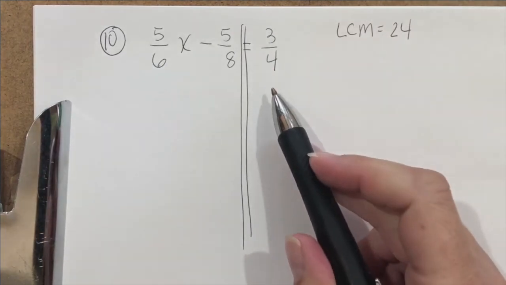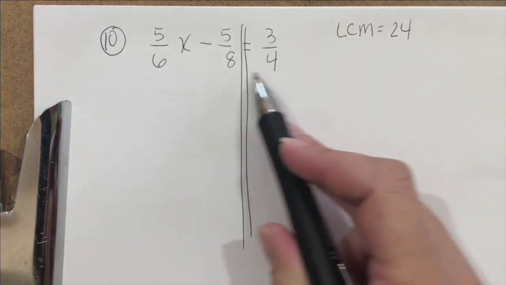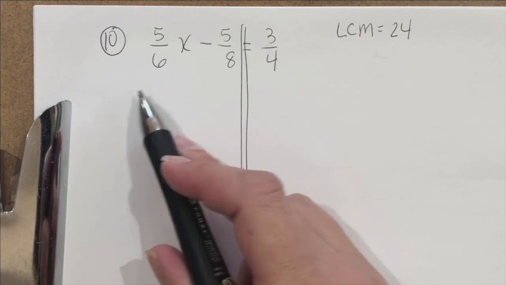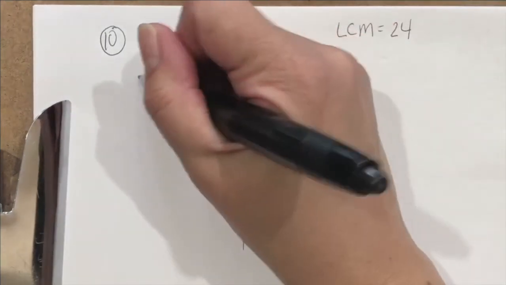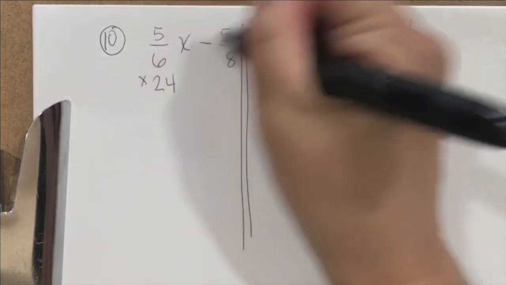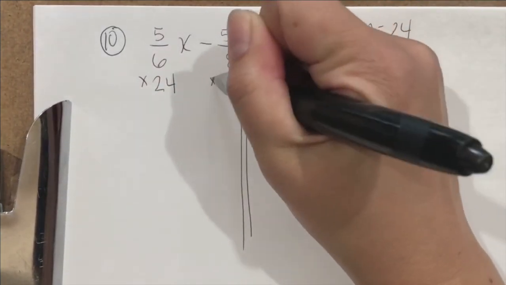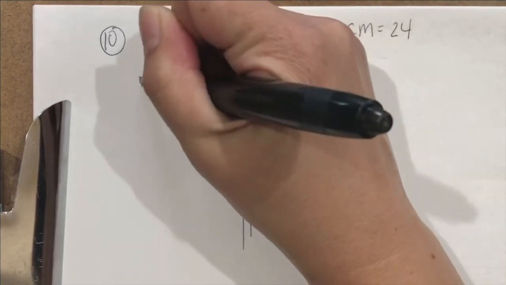Now, I want to clarify, we're not trying to get a common denominator, we're trying to get rid of the denominators. So here's how we're going to do that. We're going to multiply every term by 24. Oh, I need to do the circle, not the x.